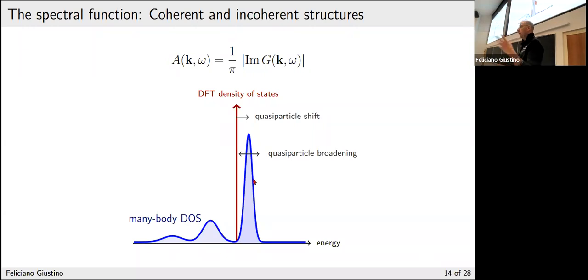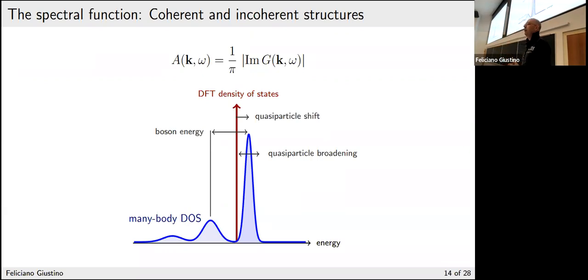And very often, if not always, you find stuff that is no longer in the peak, but is somewhere else. This is called an incoherent structure, and is usually associated with some kind of bosons. It could be, for example, phonons, magnons, plasmons, or sometimes electron-hole excitations. So essentially, you have more of a potato shape as opposed to a sharp peak. And this is all the effect of many body interactions.